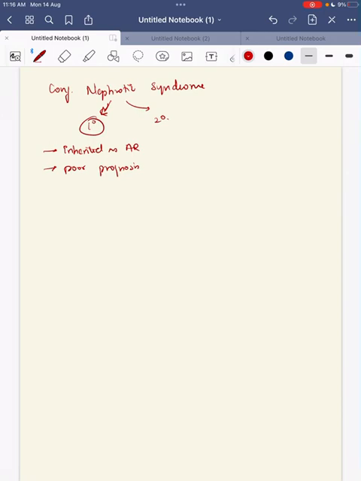When you tell the primary congenital nephrotic syndrome is inherited as autosomal recessive, they will ask what genes can be involved here. So mutations in genes. The genes that can be involved are NPHS1, NPHS2, LAMB2 and WT1 gene.